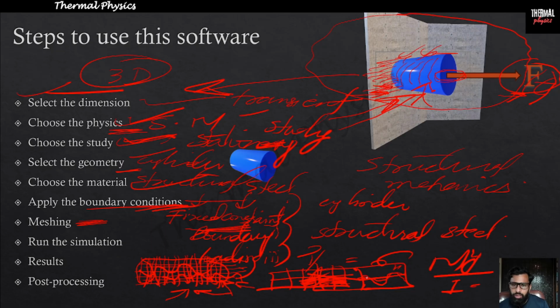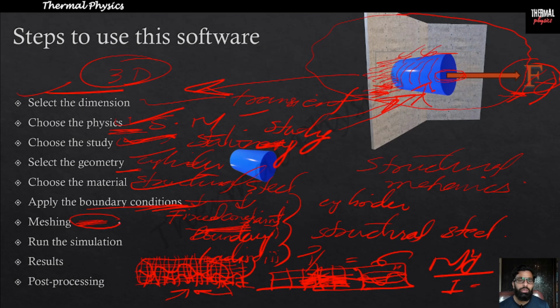If we choose a larger element, it will not capture this detailed information. So the finer the mesh is, the more accurate the results are, and the more real stress changes and stress gradients it will capture and give in the results. So this is what meshing means.